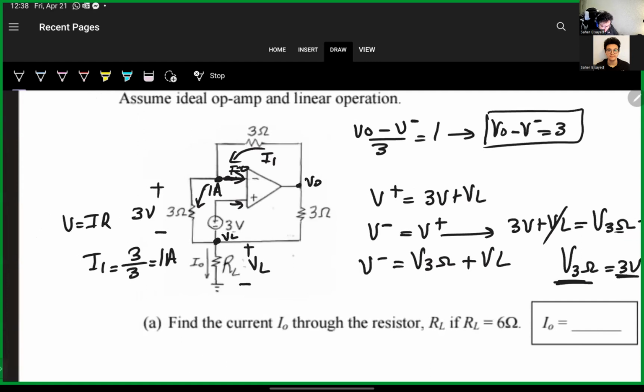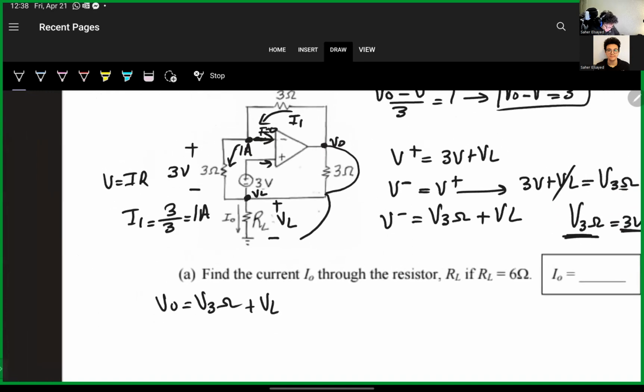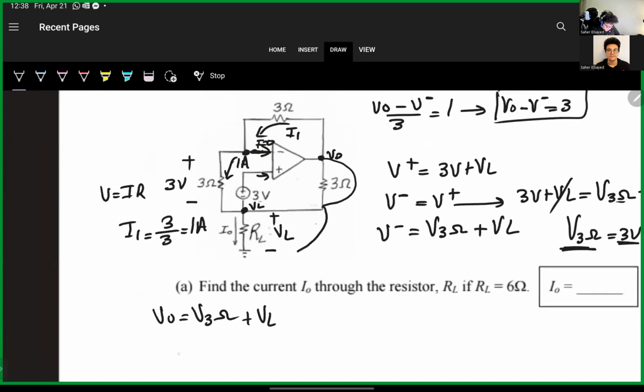Okay, very similar again to the 22 exam. The voltage here is the voltage across this plus VL. So V out is equal to the voltage across this 3 ohm plus VL. Or from the other side, V out is the voltage across this 3 ohms, another 3 ohms, plus the voltage of the other 3 ohms plus VL.